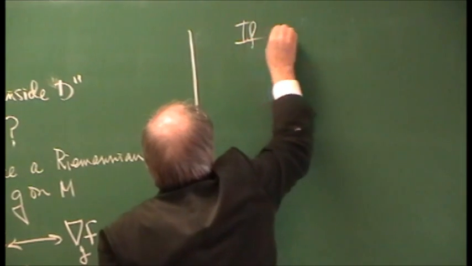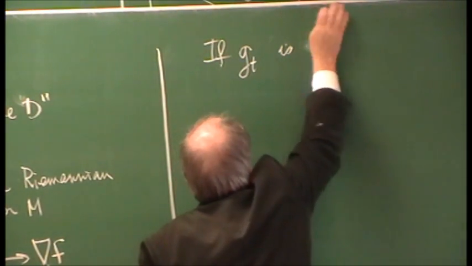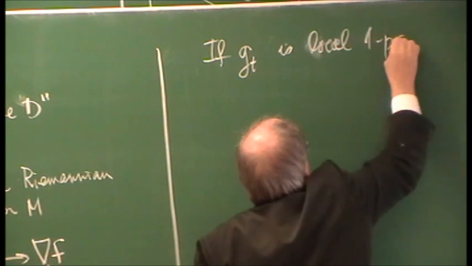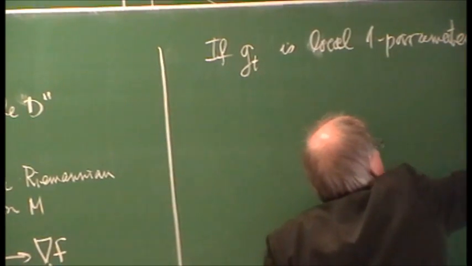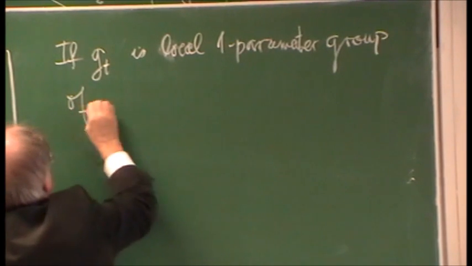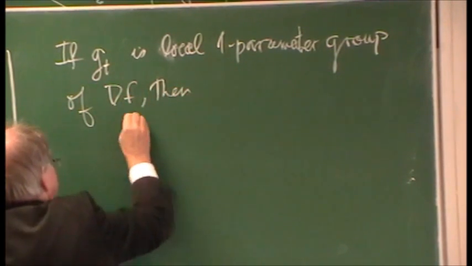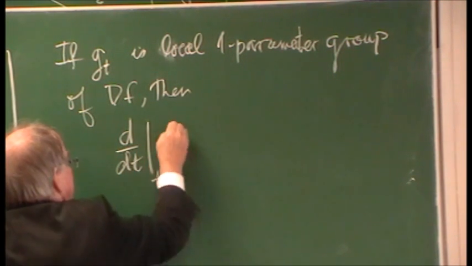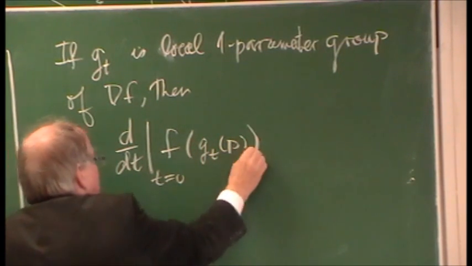Another way to formulate this is this. If g_t is the local one-parameter group of this field, then you differentiate the function by pushing it along these curves.